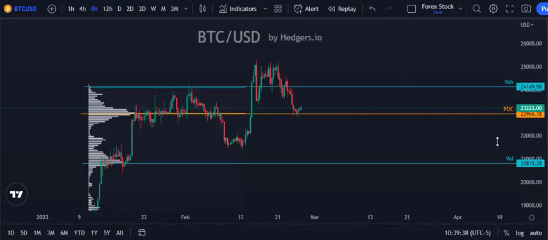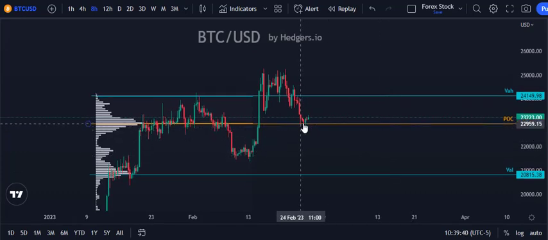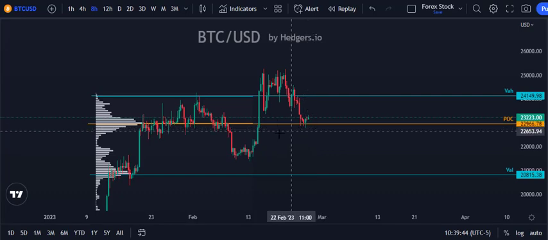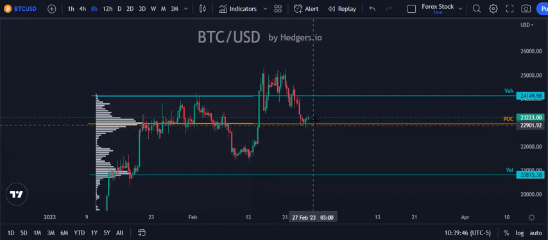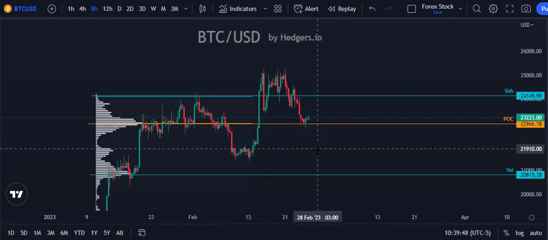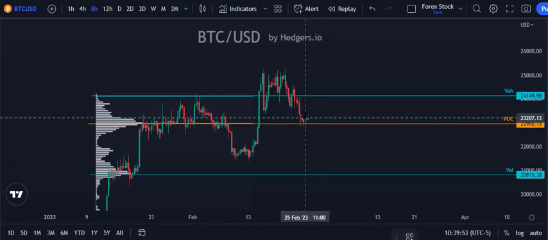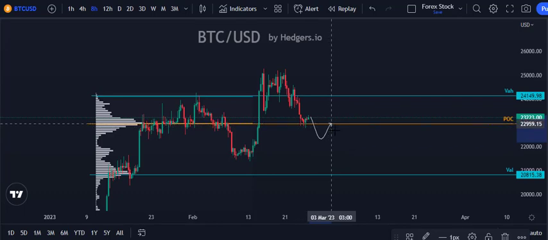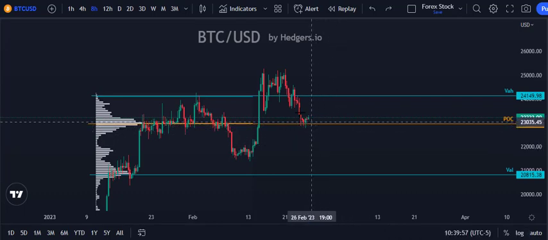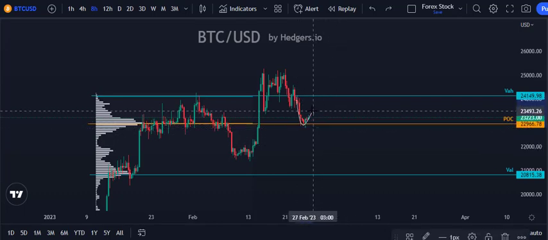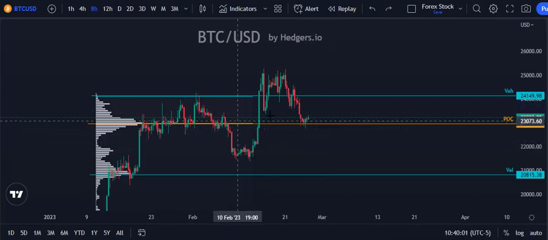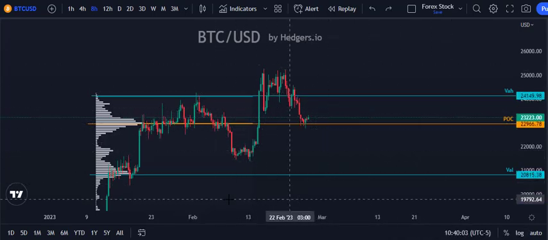I mark it orange. Now you see price is respecting this point of control as a support. That could act as a resistance as well if price goes down and reaches it like this. Right now it is acting as a support, and those are our volume profile levels.